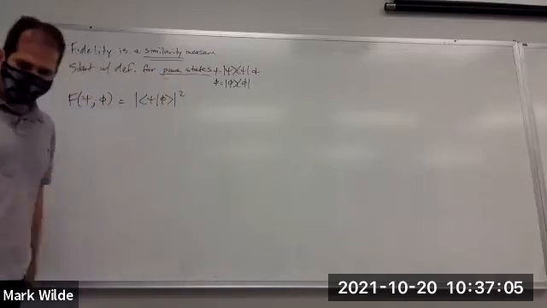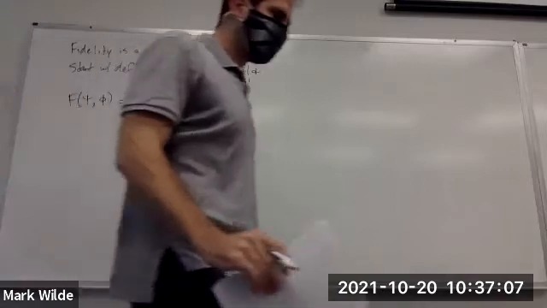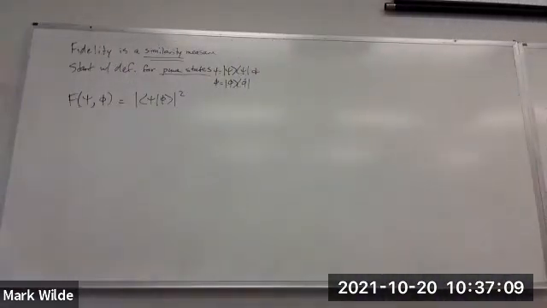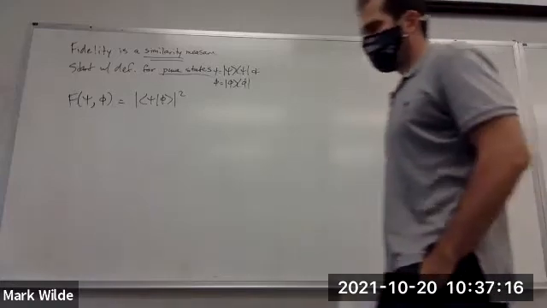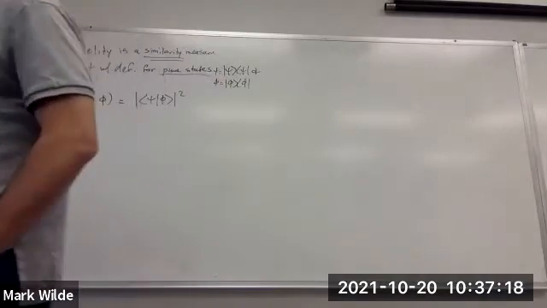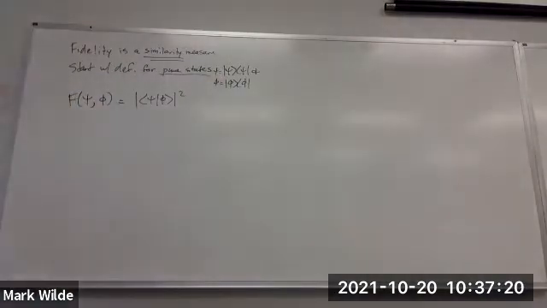Okay, and this is something that you learn in standard quantum mechanics, right? This is the probability that if a system is prepared in the state phi, that it'll be measured to be in the state psi. So that's its operational interpretation.